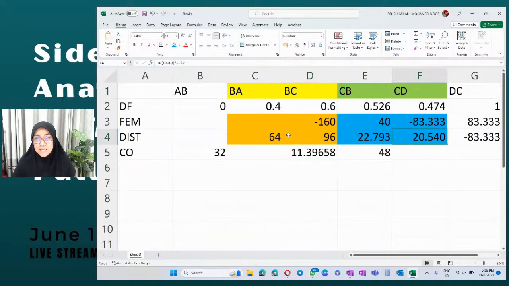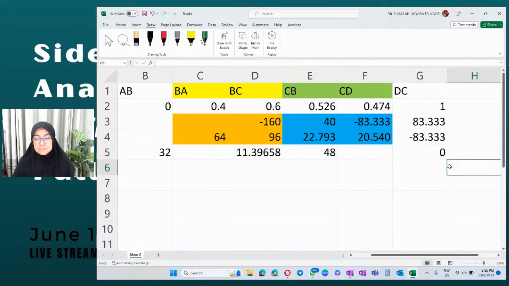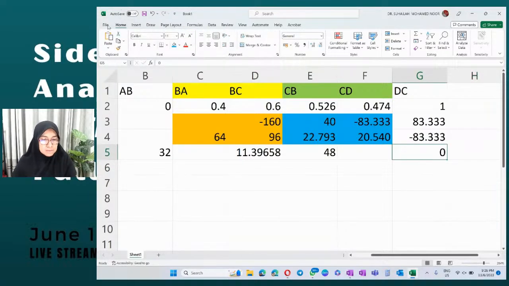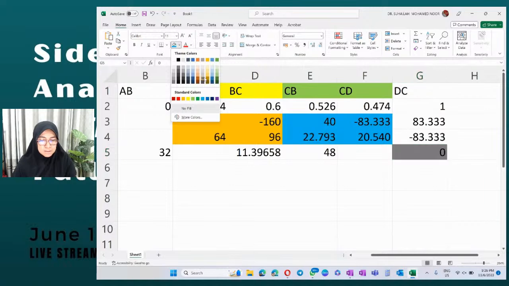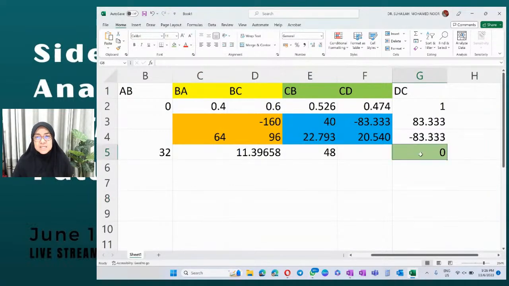So 20.54 cross boundary. The factor is 0, so this is 0. And for the pin, the factor is 0. So 20.54 times 0, we get 0. That is why here it is 0, because the factor is 0.